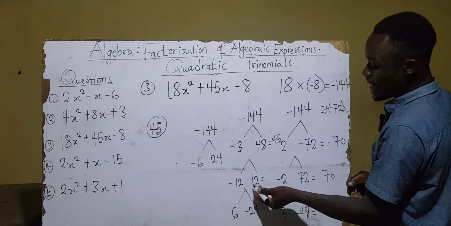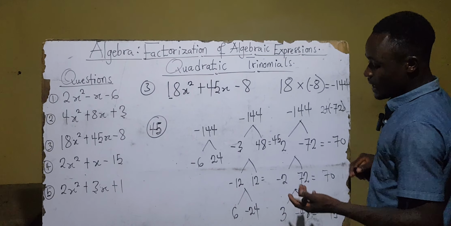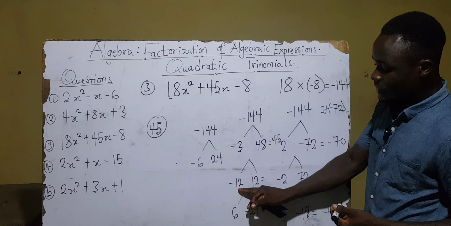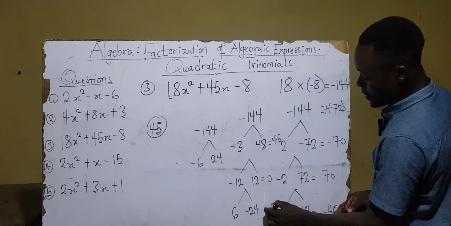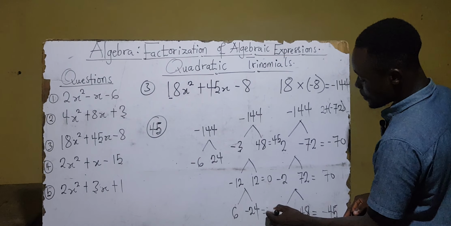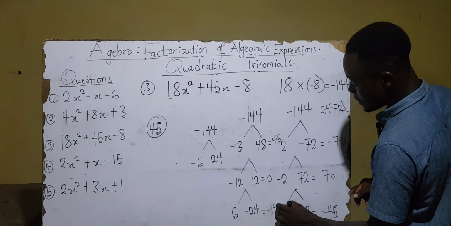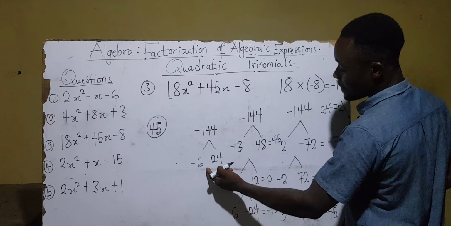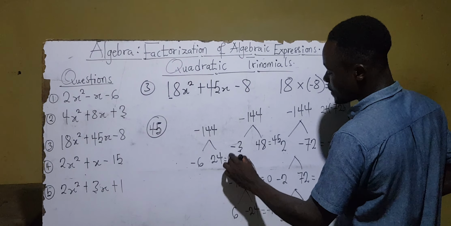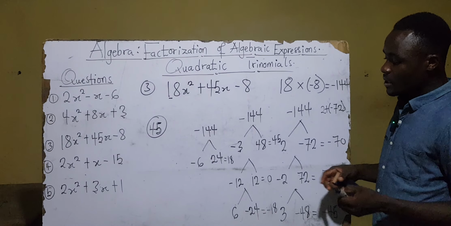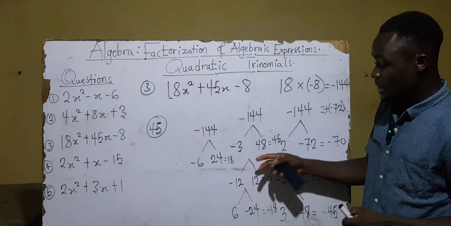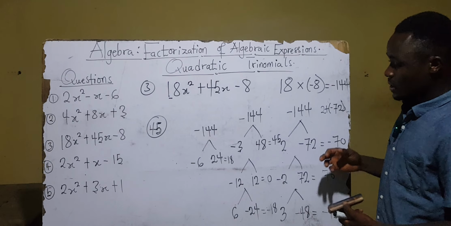Let's check this. Summing negative 12 and 12, I'll get 0. Now adding this and this, I'm going to get negative 18, and then adding this and this, I'm going to get positive 18. That means that it is only negative 3 and 48 that will work for us. Are you getting me? Very good.